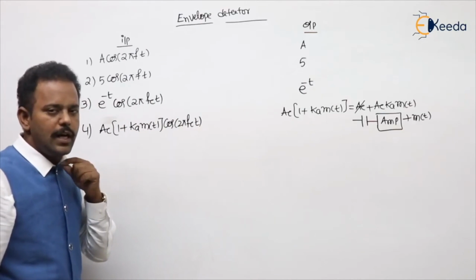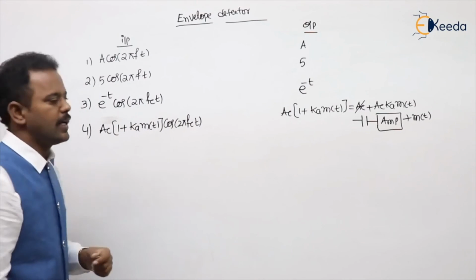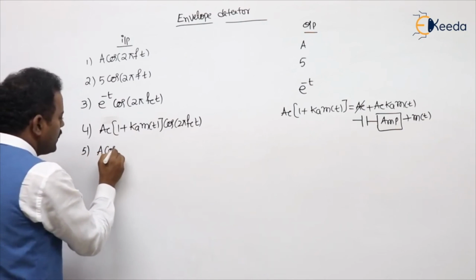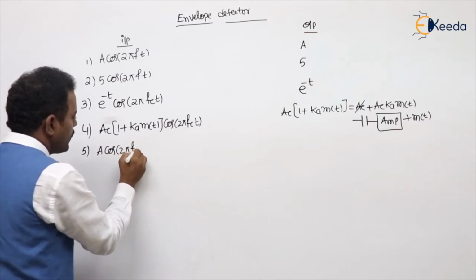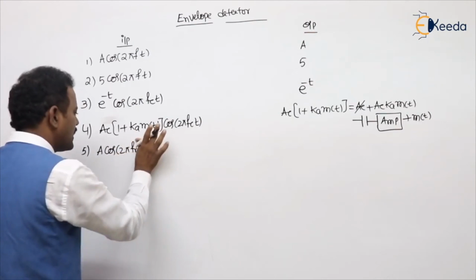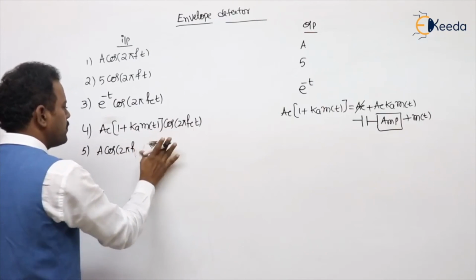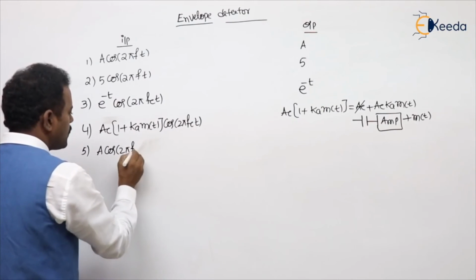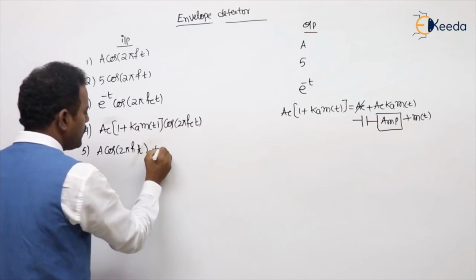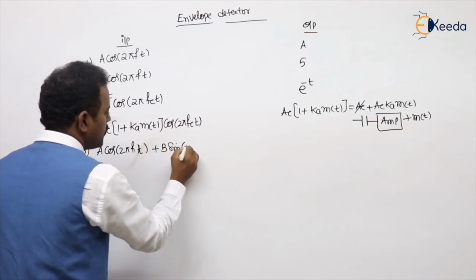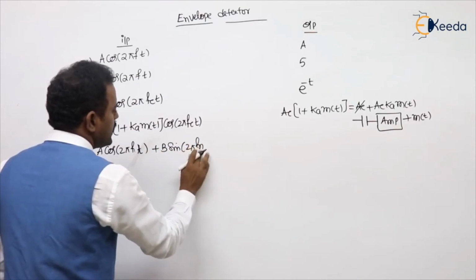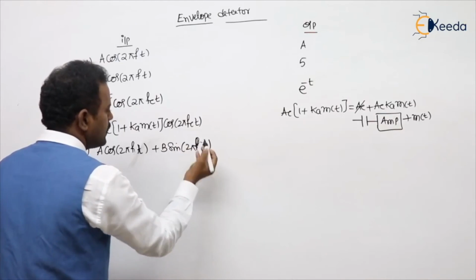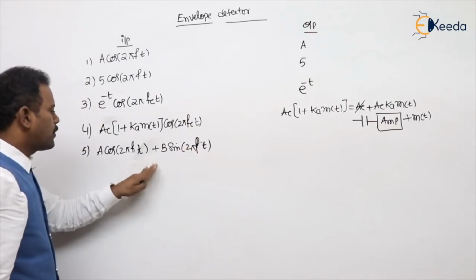Another two things are needed in solving problems. They regularly ask: for example, if they give A cos 2 pi FT plus B sin 2 pi FT, whatever the frequency value, what is the envelope?